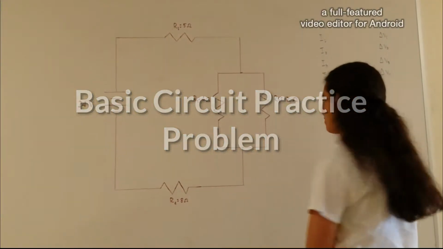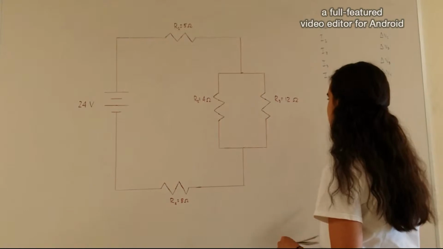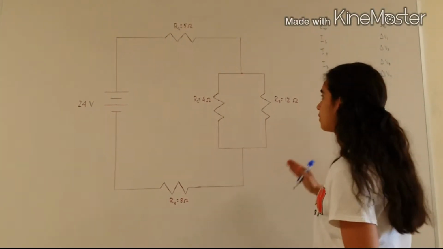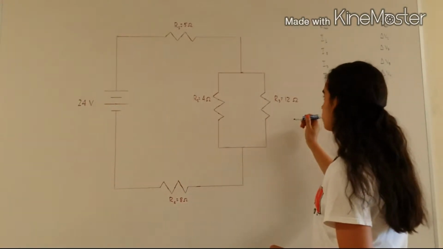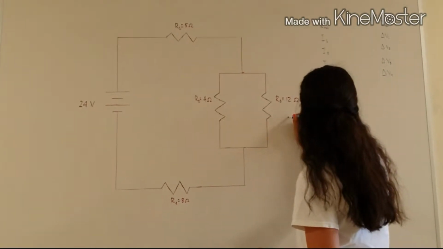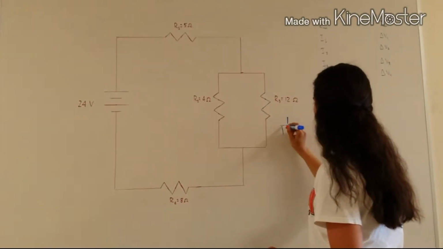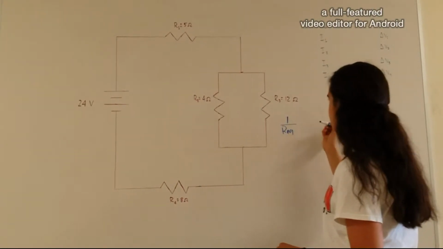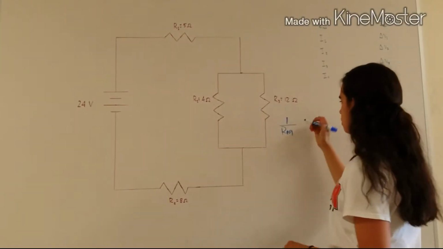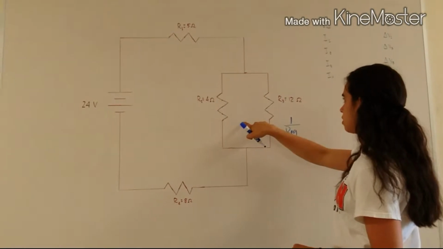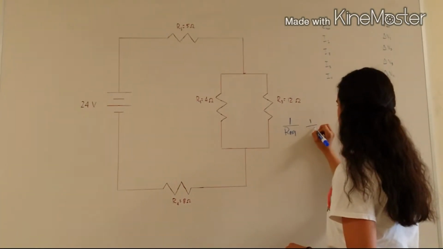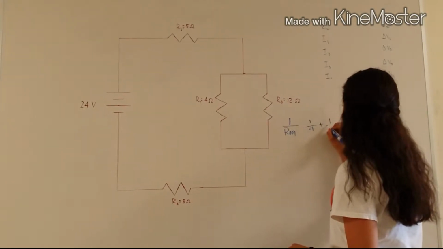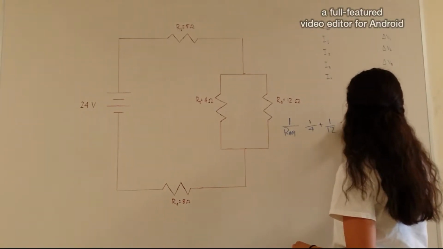Okay. First, we're going to start off by trying to find the equivalent resistance. So starting with this section, in order to find the equivalent resistance, you take the 1 over R equivalent, and so the equivalent resistance of this portion of the circuit would be 1 over 4 plus 1 over 12.